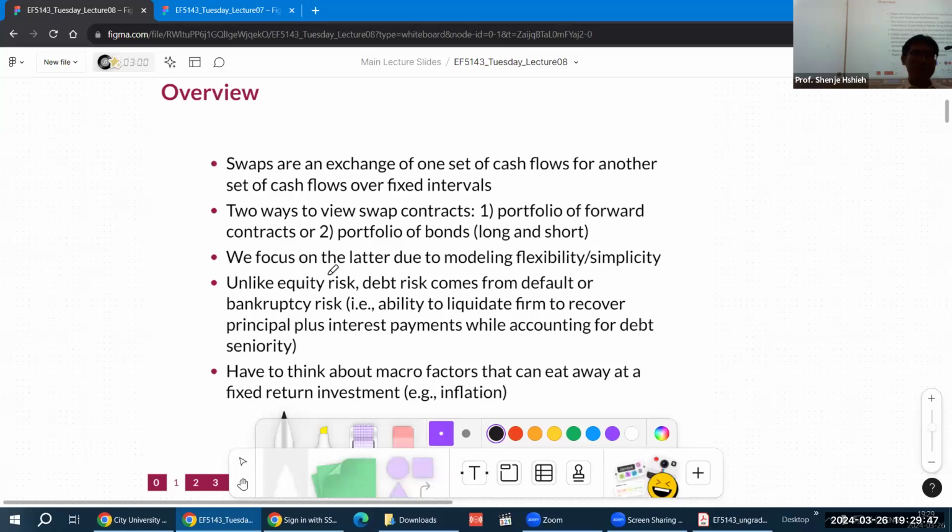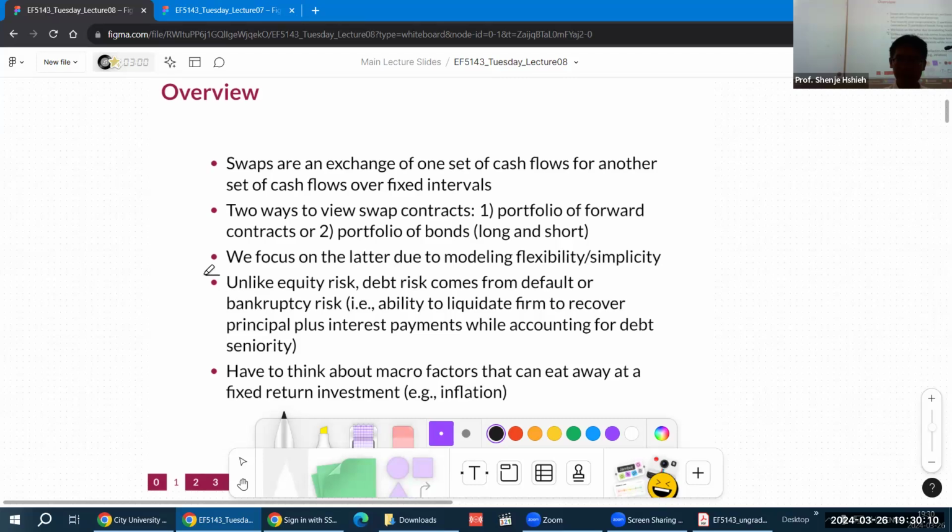To do that, it would be hard to find a counterparty through forward contracts because they don't go out that far. What you would need to do most likely is design a swap using bonds, for example, right? Okay, so that's how we're going to price swaps in this class.